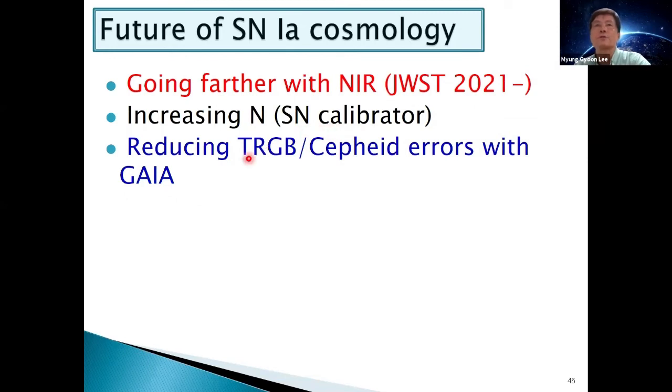And also we can reduce TRGB as well as SH0ES errors with Gaia. So Gaia people are working very hard. At this moment, the errors are still too large, but soon we'll get a much better estimate from the Gaia data.